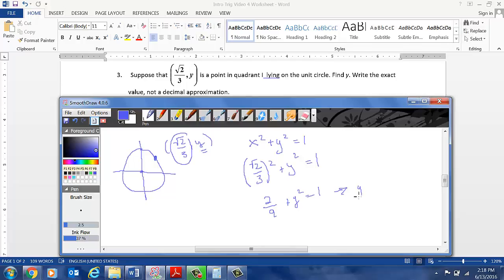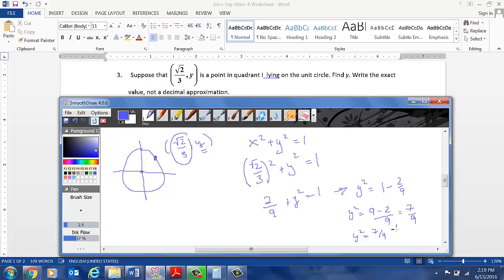So let's see, we'll have y squared is equal to 1 minus 2 over 9. So y squared is equal to, let's get a common denominator, so this would be 9 minus 2 over 9, or 9 minus 2 is 7. So y squared is equal to 7 over 9.